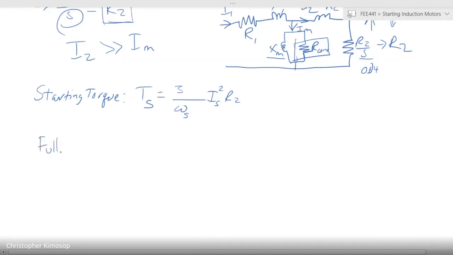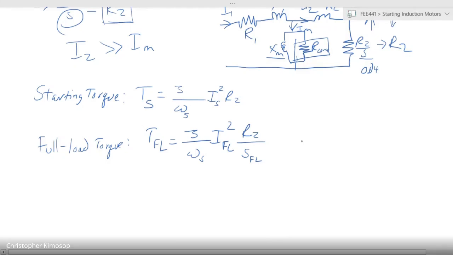Whereas, on the other hand, full load torque TFL is equal to 3 over omega S, actually this is synchronous, not starting, times IFL squared, not IS, times R2 over the slip at full load, whether it's 4% or whatever it is.